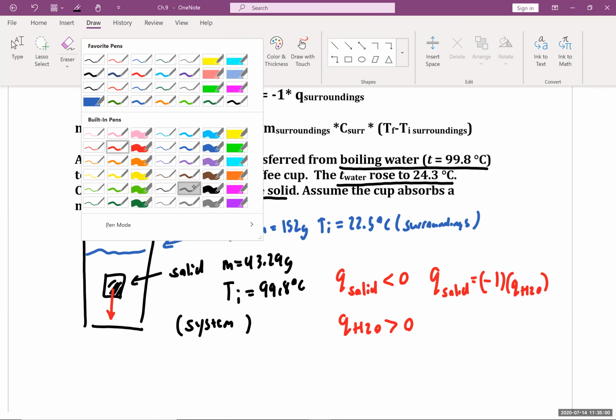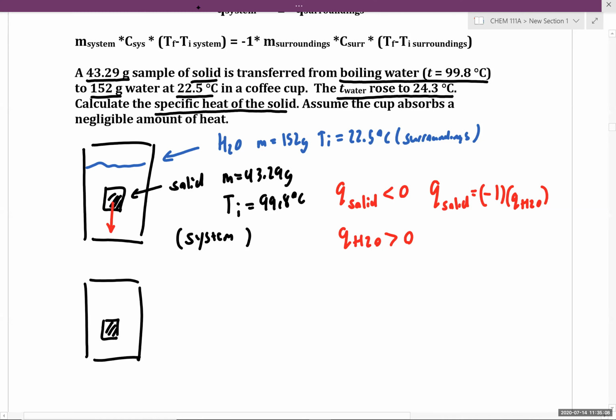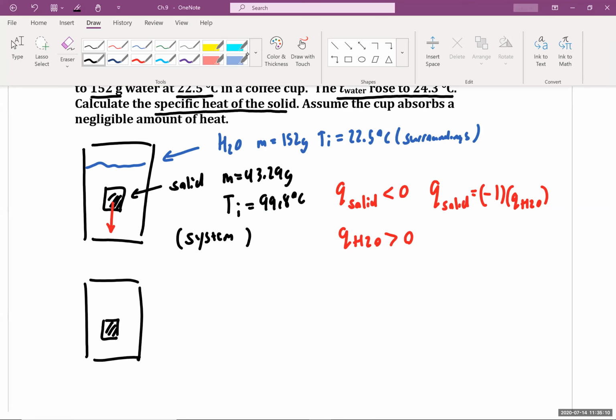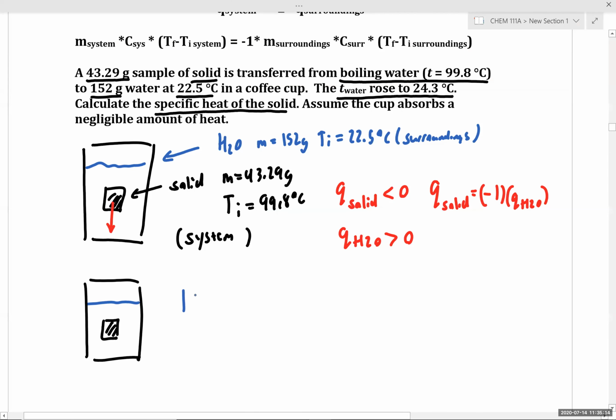Okay, we know that at the end of this process, eventually we'll have our solid and our water at the same temperature. In this case, what is our final temperature of both the solid and the water?